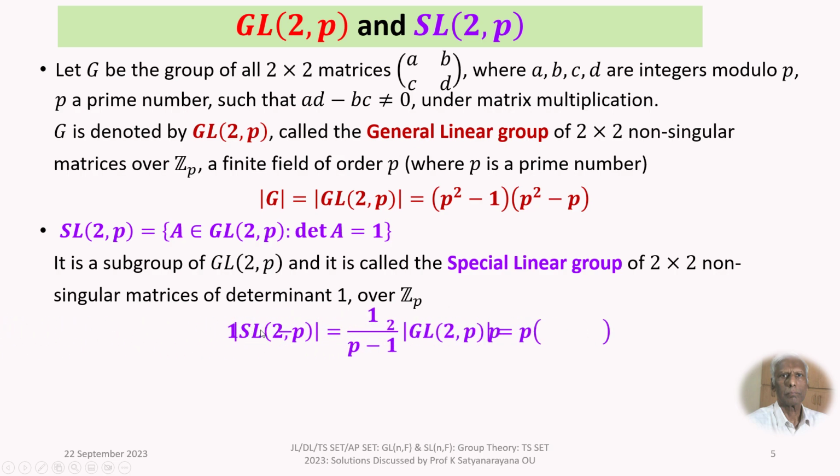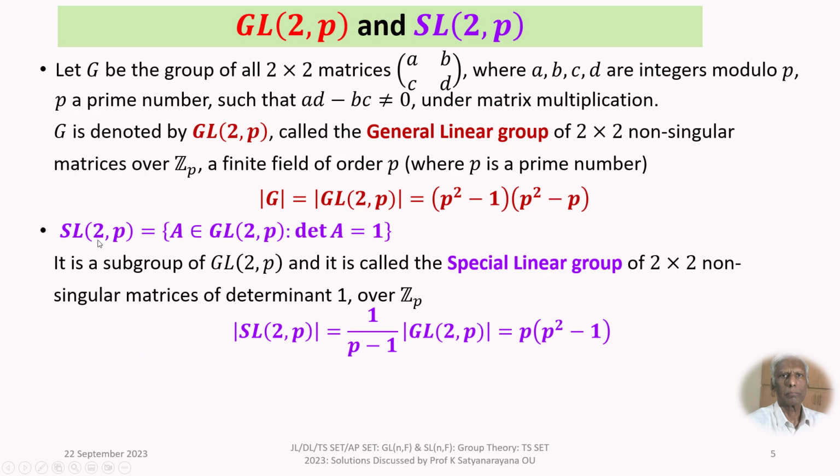The order of SL2(Zp) is equal to 1 by (p minus 1) multiplied by the order of GL2(Zp). So if you take 1 by (p minus 1) and put (p squared minus 1) into (p squared minus p) for the order of GL2(Zp), you will get the answer p into (p squared minus 1). So you have to remember these two formulae, very, very important.